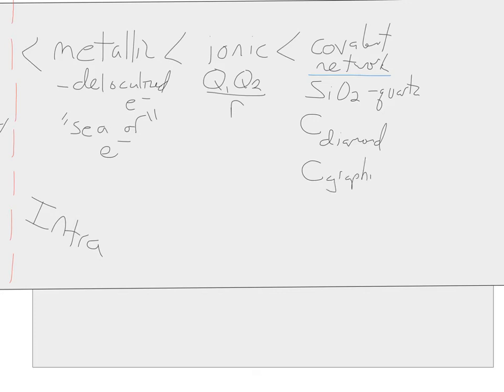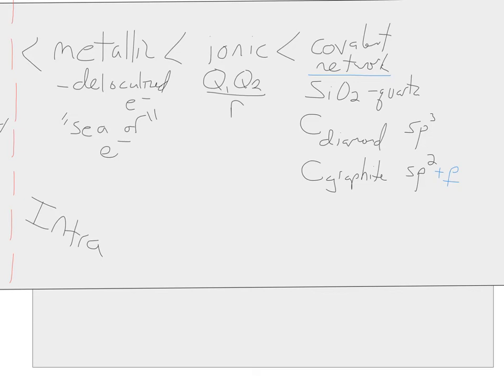And the difference between these two is the hybridization. Where diamond has sp3 hybridized carbons in all directions, graphite has sp2 hybridized carbons in all directions. That means they have a leftover p orbital that is not hybridized and allows for delocalized electrons. That's why graphite conducts electricity and diamond does not.